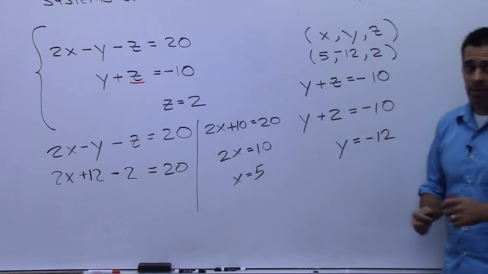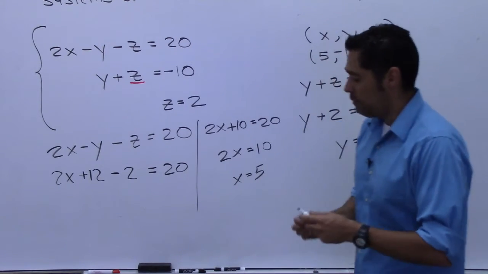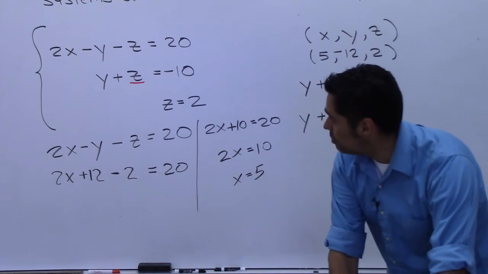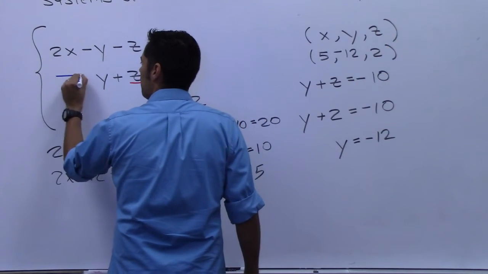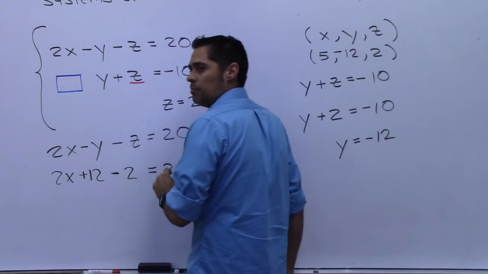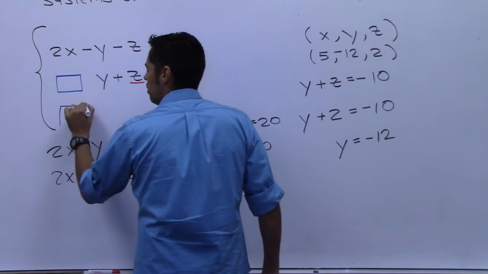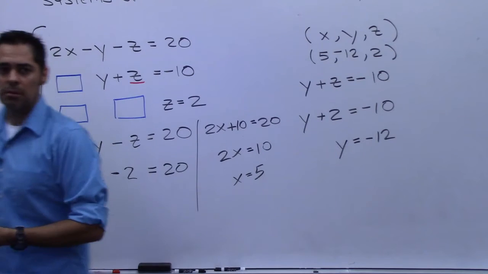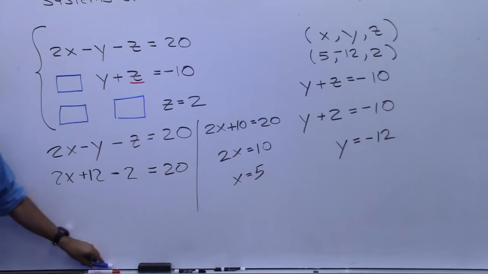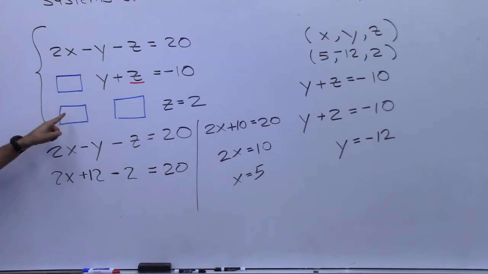So let's start with a fresh problem. Before I actually do it, I want you to notice something. In the second equation, you were missing x, and in the third equation, you were missing x and y. It's essentially the same as saying 0x, or 0x plus 0y.